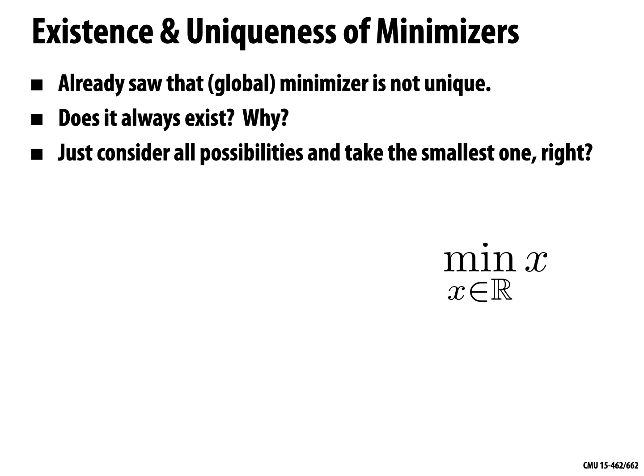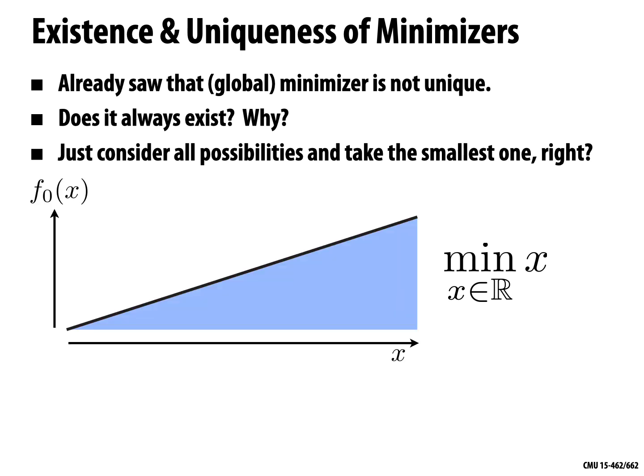Here's a graph of at least part of that function. Okay, so maybe just in this interval, I say the smallest value is the point on the lower left, but I'm not considering only this interval, I'm considering the entire real line. So how could I ever find a minimal value?